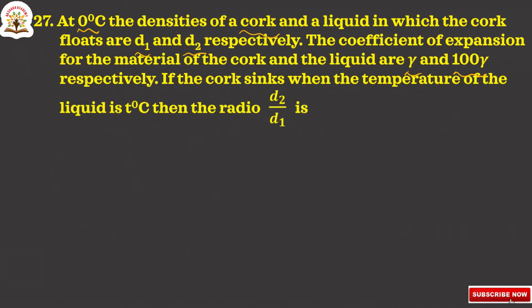If the cork sinks when the temperature of the liquid is T degree centigrade, then the ratio of D2 by D1 is. Now let us go to the solution. Here we have to calculate the ratio of D2 by D1.